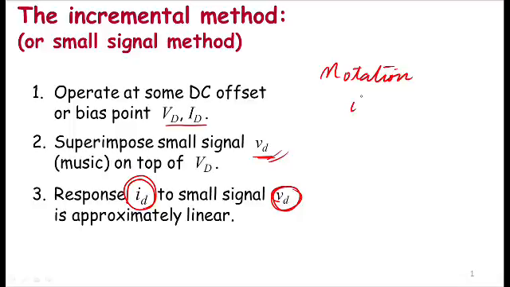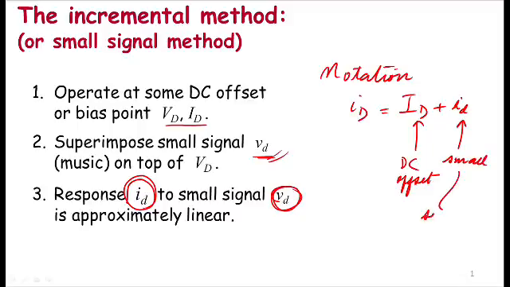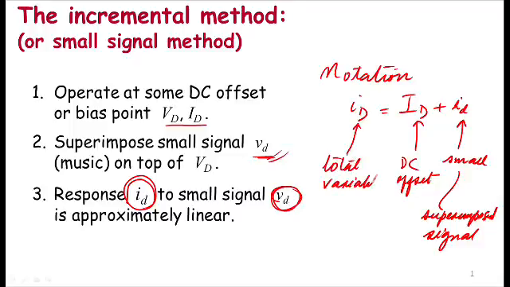My total signal is capital I, small d, and that is going to be a sum of a DC offset plus a small signal response, where in this case capital ID is my DC offset, and small i, small d, is a small superimposed signal. By adding up the DC offset and the small superimposed signal, I get my total variable or my total signal. This is true whether it's for the input or for other measured quantities in the circuit.